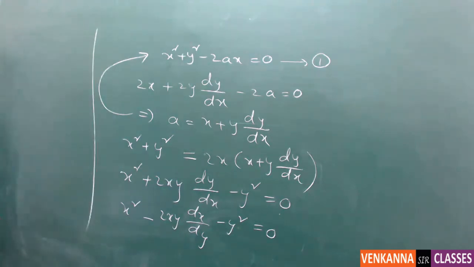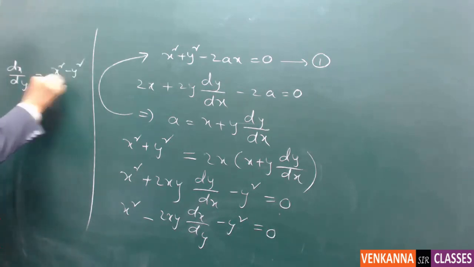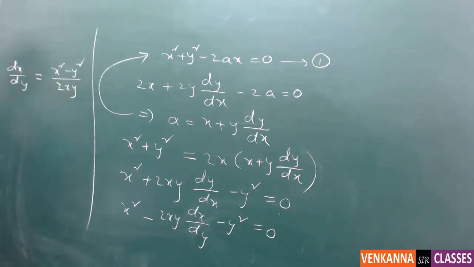Now we have to solve this equation. So you can write it in the other manner, that dx by dy is equal to, that also you can write. Now, can you recollect the approach of solving variable separable differential equations and homogeneous differential equations?